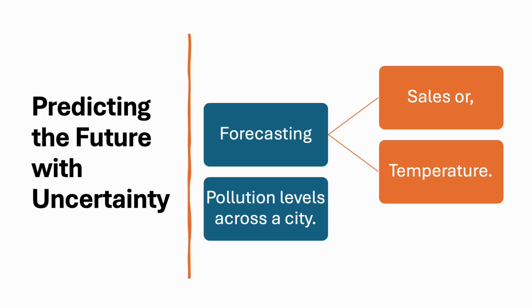This approach enables better planning and risk management, as it highlights both the most probable future and the less likely but still possible scenarios. By embracing uncertainty, predictive models become more robust, helping users make informed decisions even in the face of incomplete, noisy data.